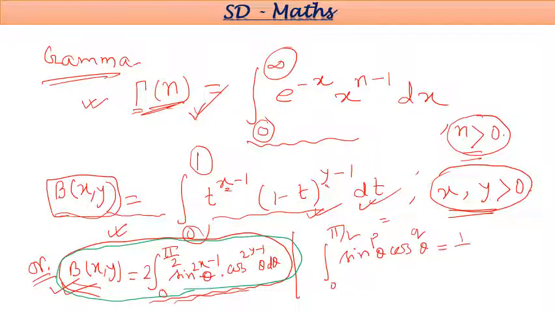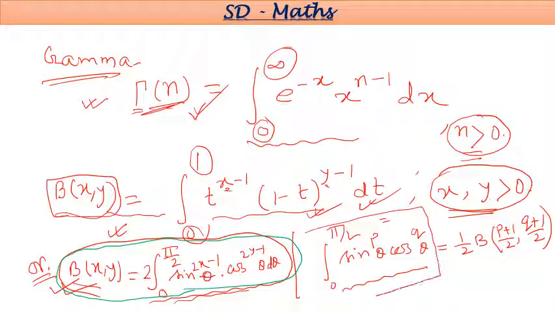This equals half beta of (p plus 1) by 2 and (q plus 1) by 2. This is the most useful formula. If you are given a problem in this format, you can use it directly. So that's all the properties of the functions. Now we will start some problems.